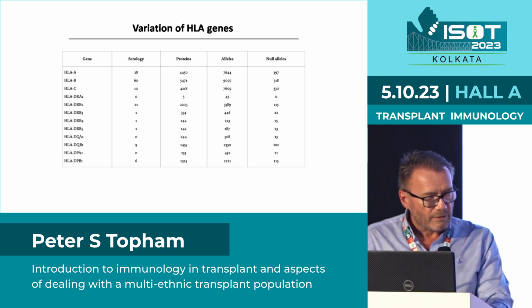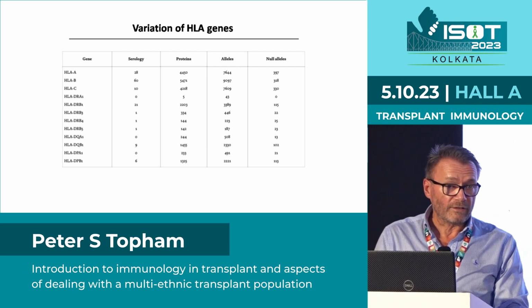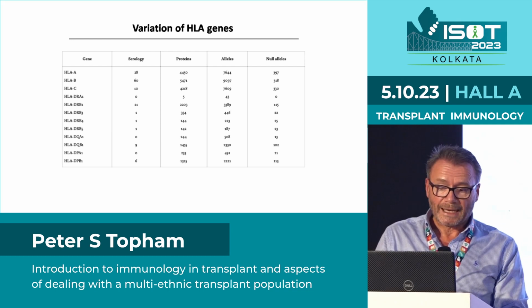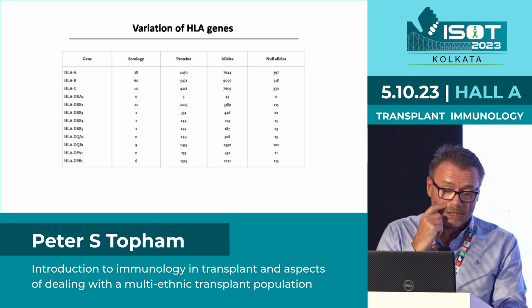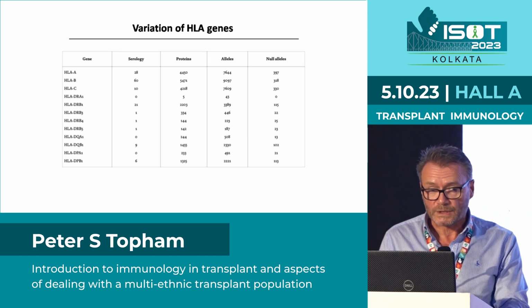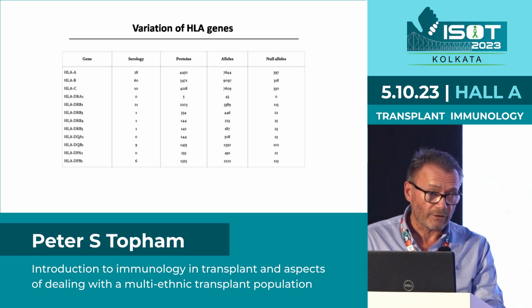Again, this is going to be covered. I'm just going to mention this very, very briefly. So this just shows some of the complexity that has been demonstrated in the HLA genes over the years. So historically, HLA was identified using serological techniques, so antibodies that recognize the different structures of the various HLA.